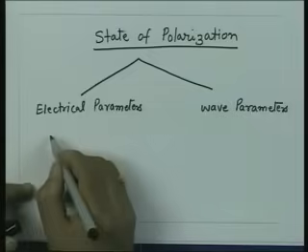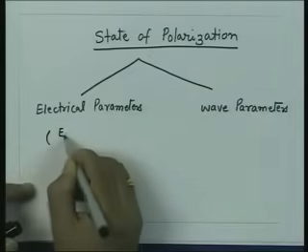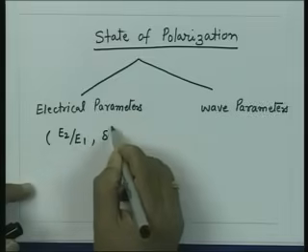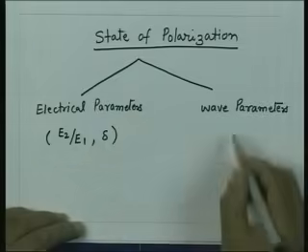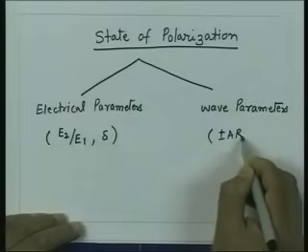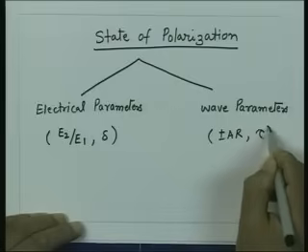The electrical parameter pair is E2 by E1 and delta, and for wave parameters the pair is plus minus axial ratio and the tilt angle tau.